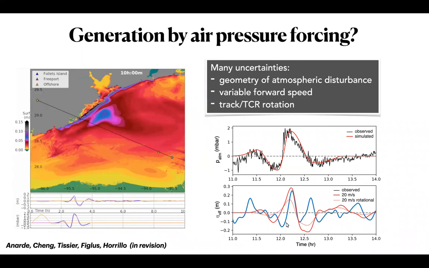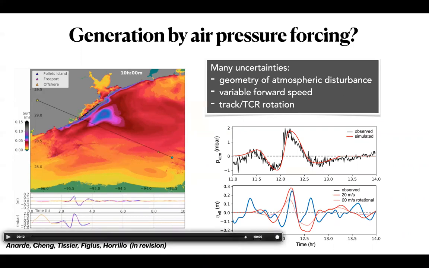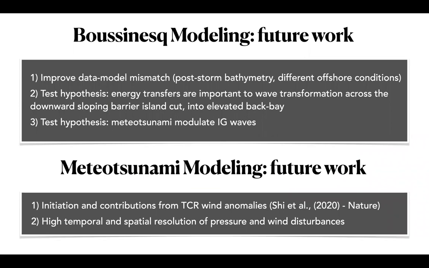Blue is observed, red is simulated for a 20 meter per second forward speed along the straight trajectory, and the light red is along a rotational trajectory. So we can produce water surface anomalies of similar height, but they don't necessarily match the period. In the future, we want to try to incorporate contributions of wind into the initiation and growth of meteotsunami.